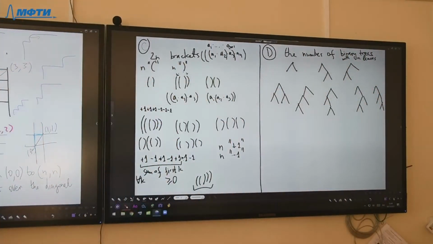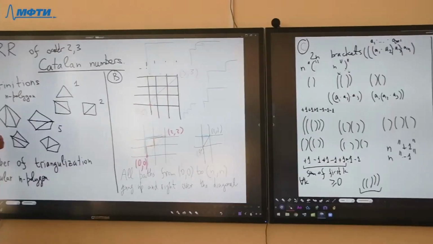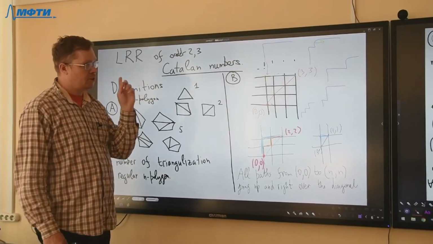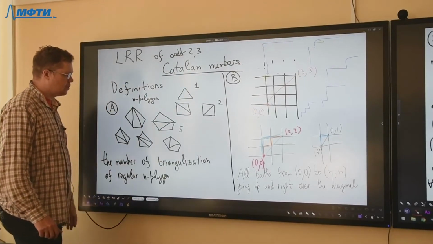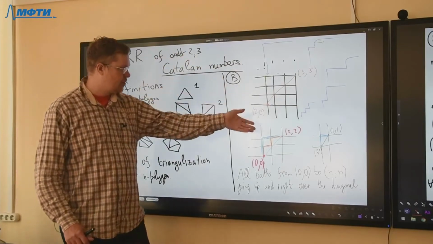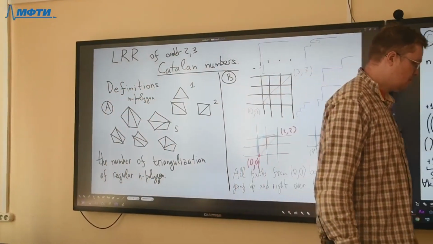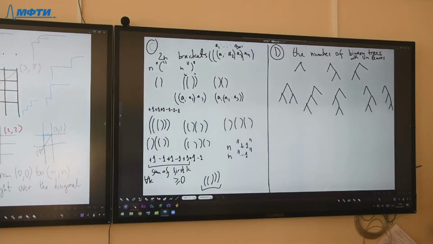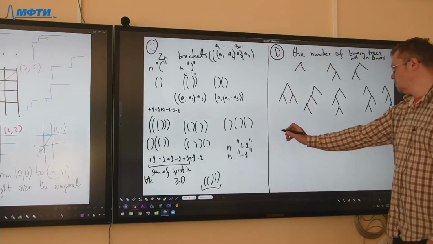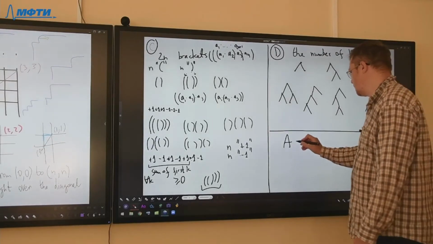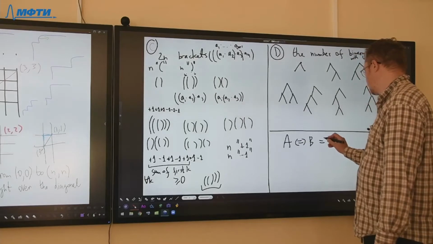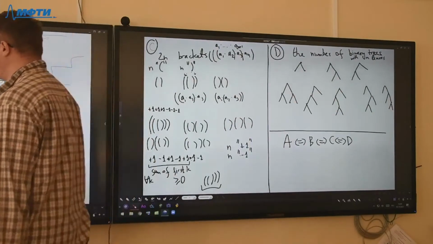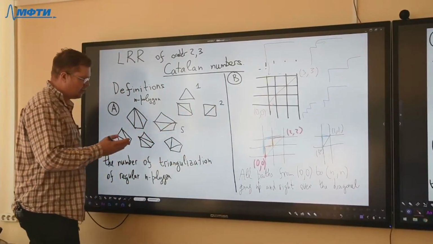Actually, firstly, I want to prove that they are all equivalent to each other. So the number of triangulations is the same as the number of paths, the same as different types of bracketing, and the number of binary trees. I can denote it, but maybe with some shifts.